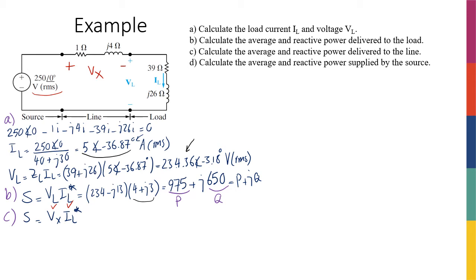So that's number 1. So you can actually do this, and if you do it, you should get something like basically equal to 25 plus J100. So P is equal to 25 and Q is equal to 100 watts and volt amp reactive.